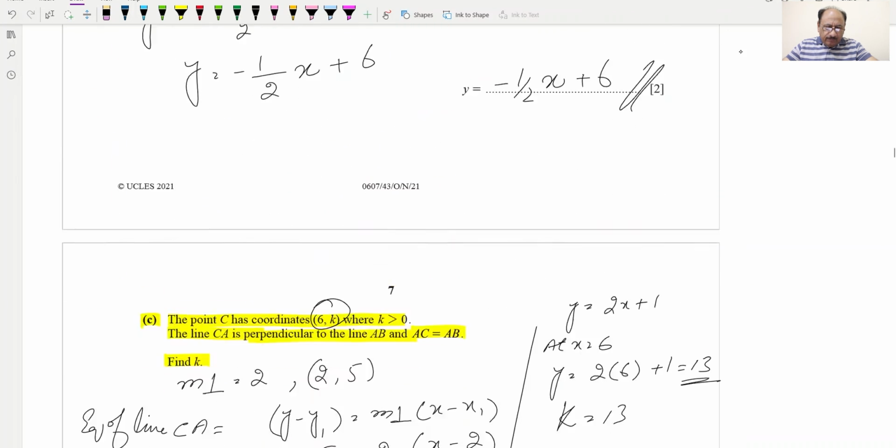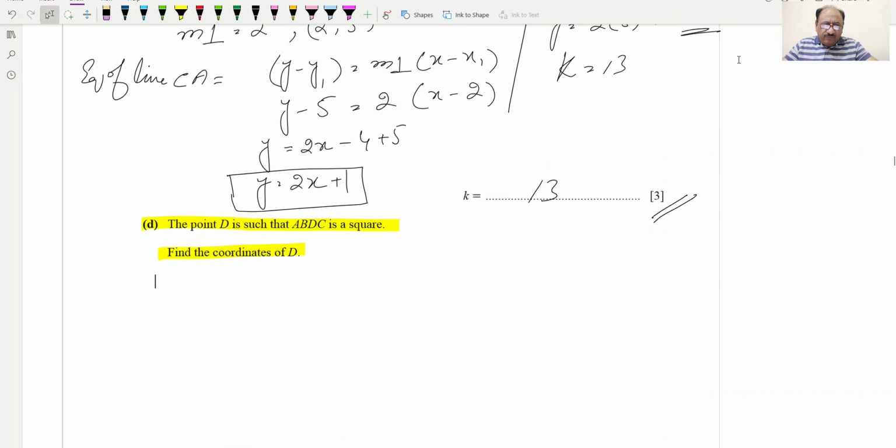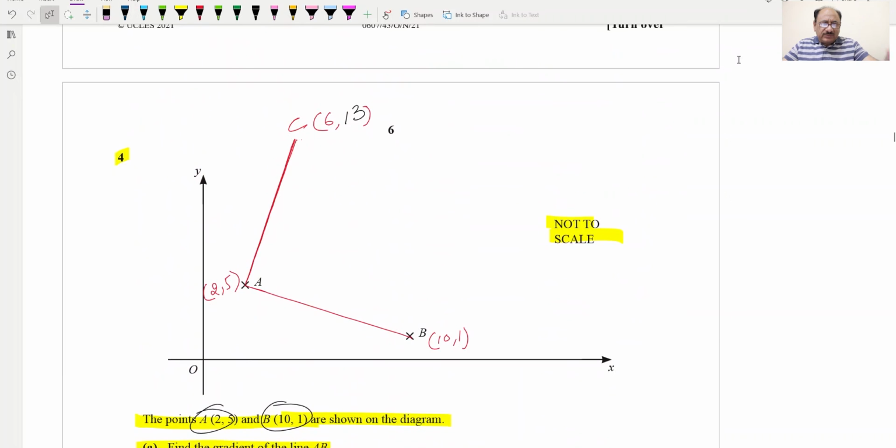Now the D part says the point D is such that ABCD is a square. Find the coordinates of D. Now how can we find the coordinates of D? From the diagram itself we can figure it out. So first of all, what we can do is draw a triangle.